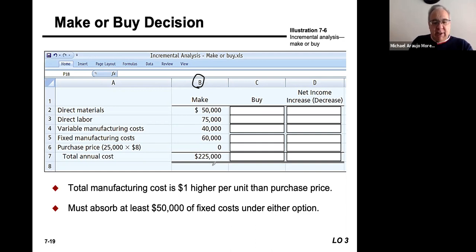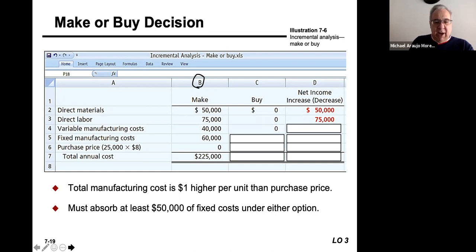So their annual cost is $225,000, as we went over. What if they decided to buy the switches? Well, they wouldn't need any direct materials, so that would increase their net income by 50,000. They would not need direct labor, so that would increase their income by 75,000.